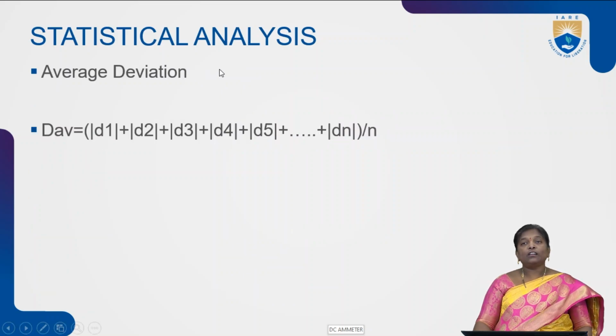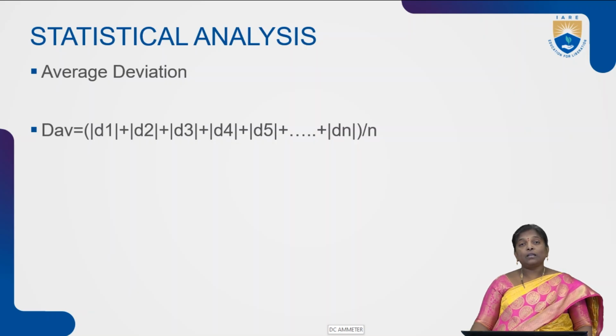Average deviation. To obtain the average deviation, we have to consider deviation in each case, sum of all the deviations divided by total number of deviations. In this case, while calculating the average deviation, instead of taking direct readings, we consider modulus. Modulus of d1 plus modulus of d2 plus modulus of d3 plus modulus of d4 and so on, modulus of dn divided by n.